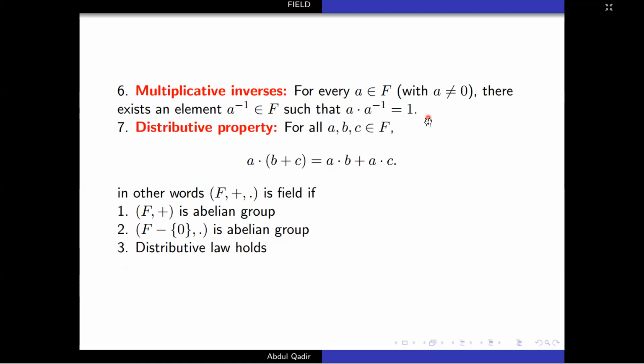As multiplicative inverse of 0 does not belong to F, F is not a group with respect to multiplication, because 0 has no multiplicative inverse.